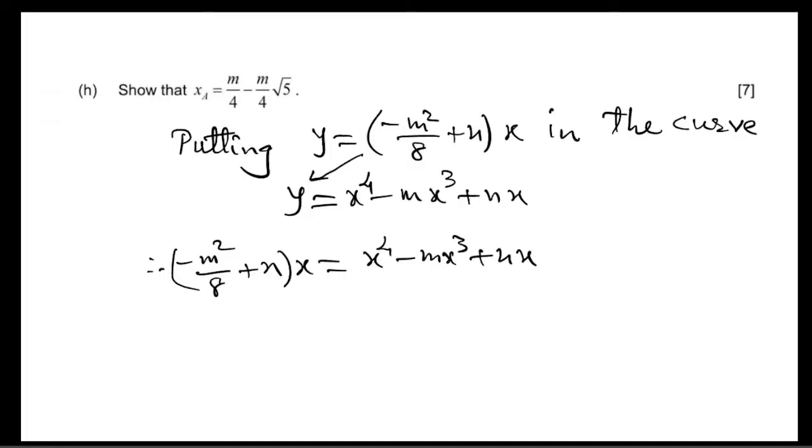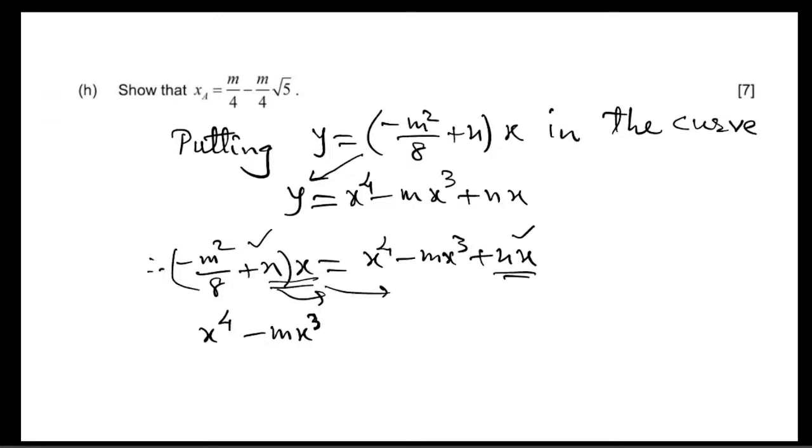So we will arrange the terms, and we will take these terms there. So x to the power 4 and the x cubed term, minus mx cubed. The x term we have, so when we combine this and this, nx will get cancelled because it is the same term.